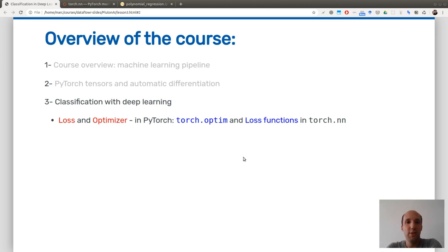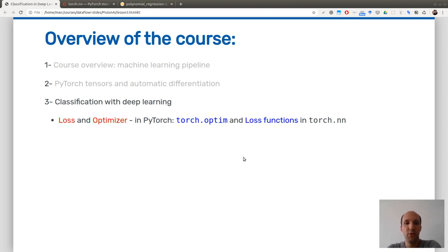So here is a quick overview of what we did so far. In the first lesson we had an overview of the full deep learning pipeline. Last time we saw how to deal with PyTorch tensors and how PyTorch enables us to do automatic differentiation.